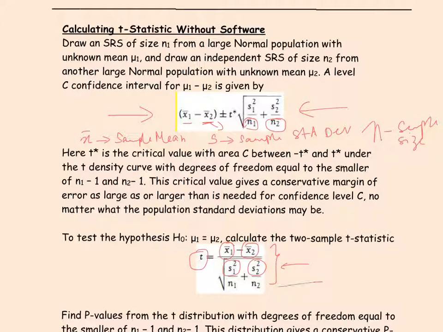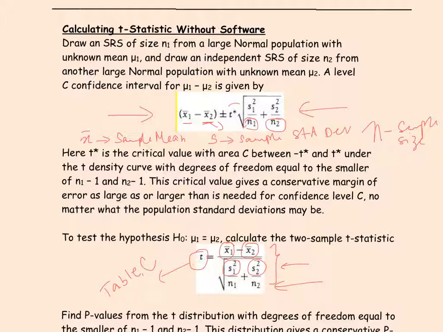And again we use the sample sizes n1 and n2. We plug all the numbers in to get our t statistic. We take the t statistic to table C, just like we did before, and from there we find the p-value to conclude the hypothesis test.